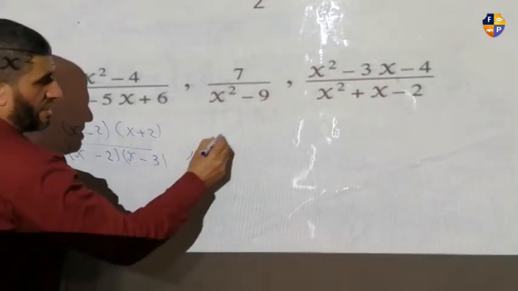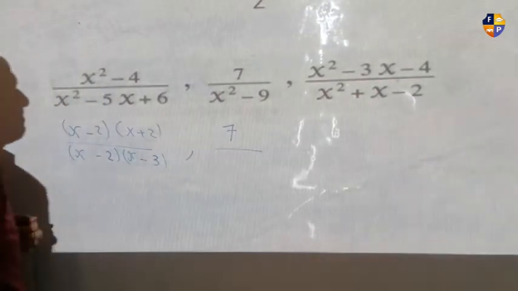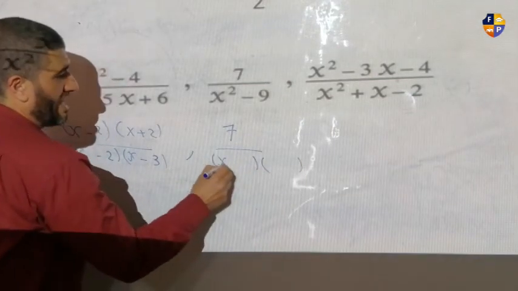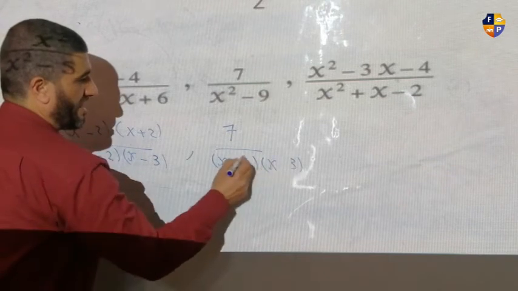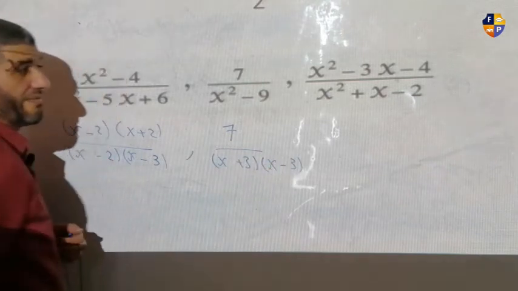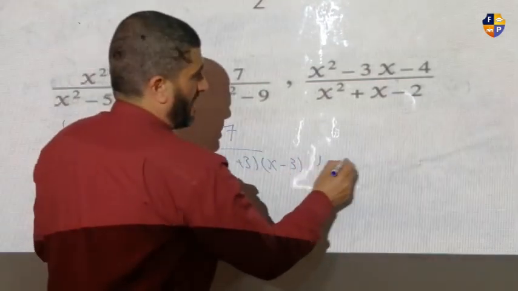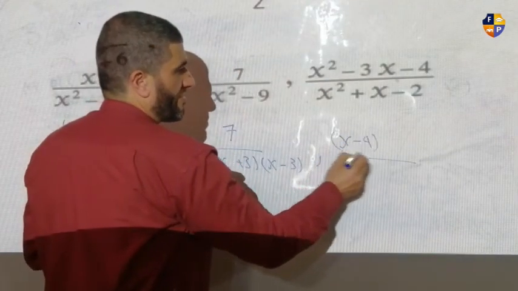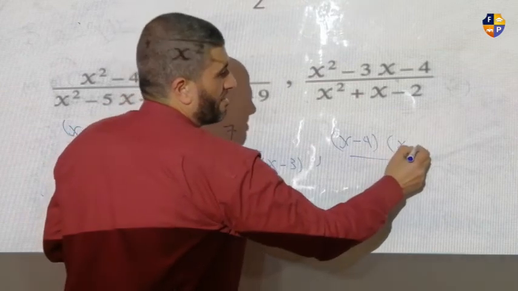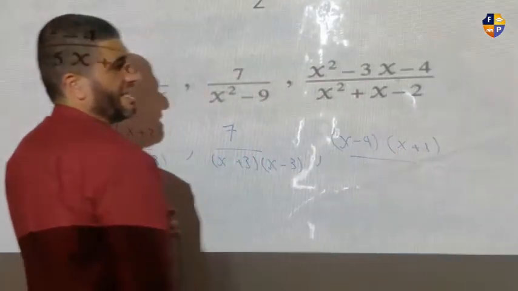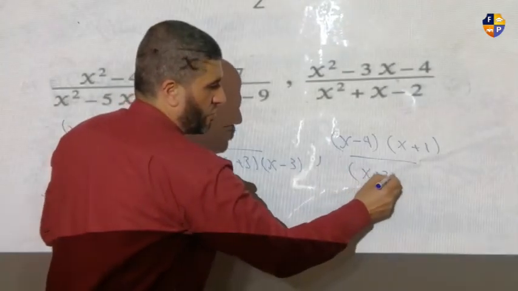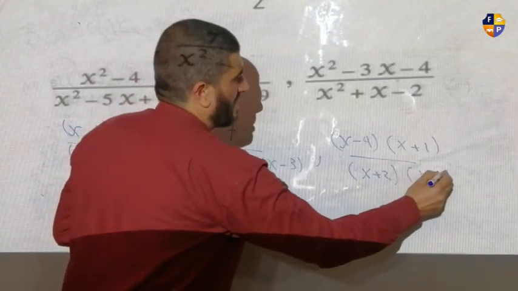Okay, number 2, x power 2 minus 9, difference of squares, x minus 3, x plus 3, positive, negative. Number 3, first, x minus 4, x plus 1, okay? And the denominators, x plus 2, x minus 1.